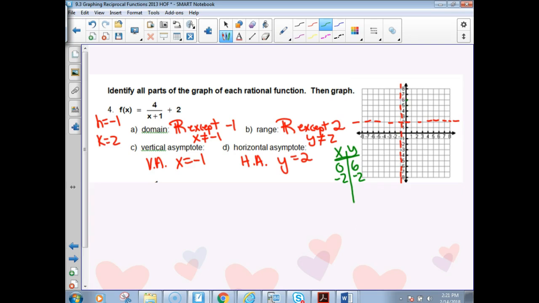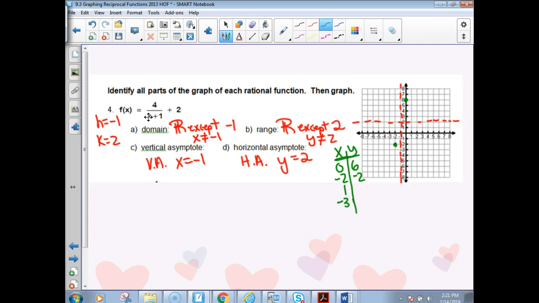0, 6, I'm going to go ahead and plot. Negative 2, negative 2. And then I'm going to go for a couple more points. I'm going to go to the right again to 1, and I went 2 to the right of my vertical asymptote, and 2 to the left will be negative 3.